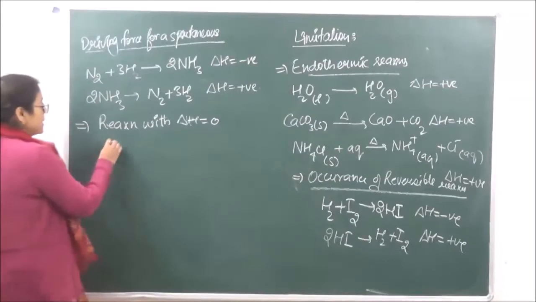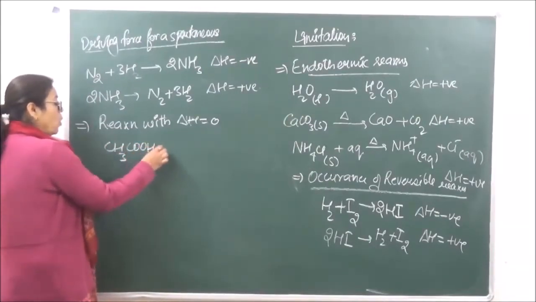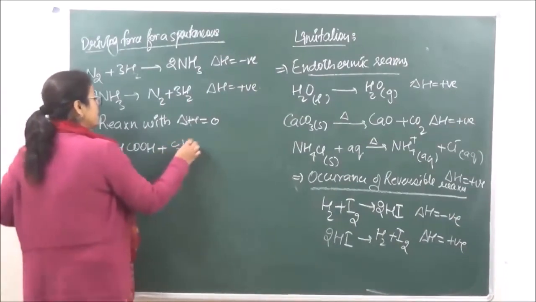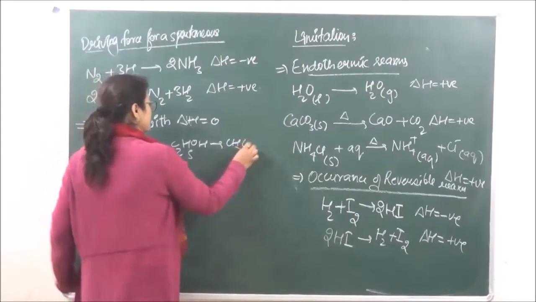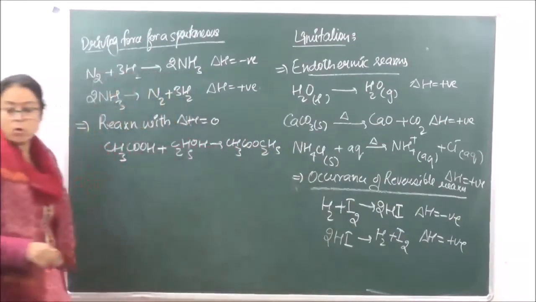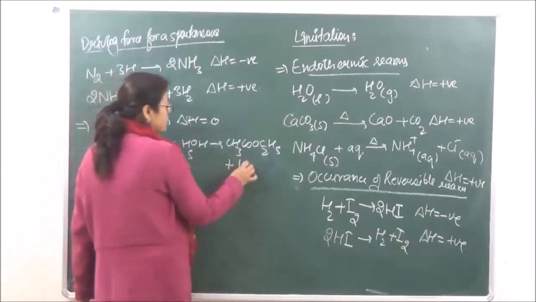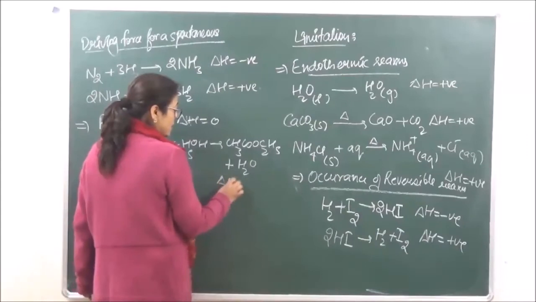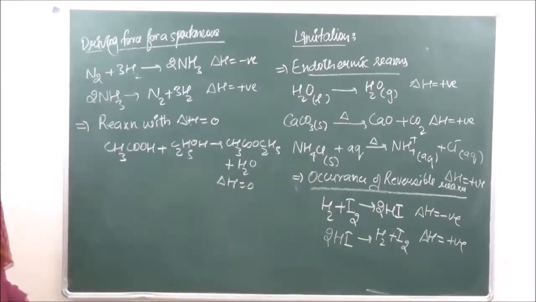For example, if we are taking the esterification reaction of acetic acid and C2H5OH to give us CH3COOC2H5 plus water. Now the enthalpy change for this reaction is equal to 0, but still it is seen that the reaction is spontaneous.